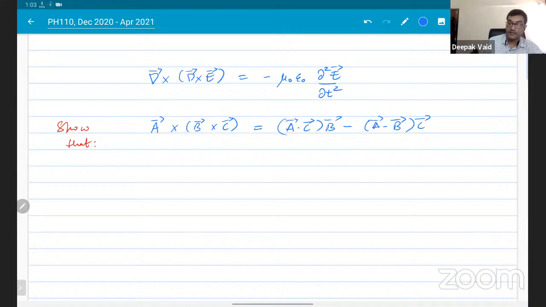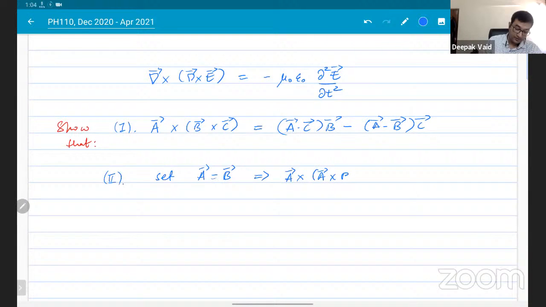So this is a vector identity. Now in this vector identity, I set A equal to B. If I set A equal to B, what do I get?